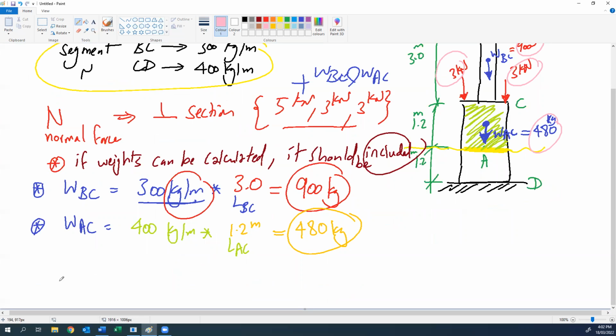The final normal force will be the summation of all normal forces acting on section AA. So it will be 5 kilonewton plus 3 kilonewton, I will write the unit, plus 3 kilonewton plus 900 kilogram plus 480 kilogram. Is this logical?